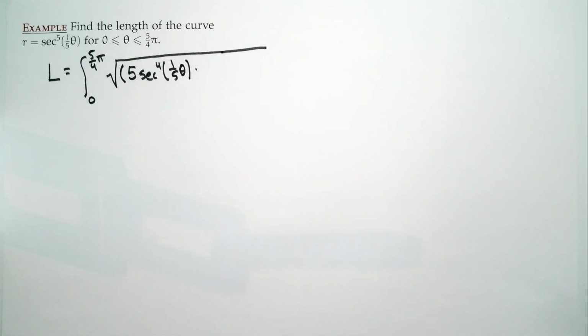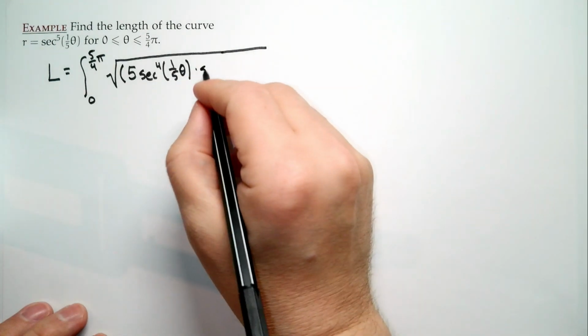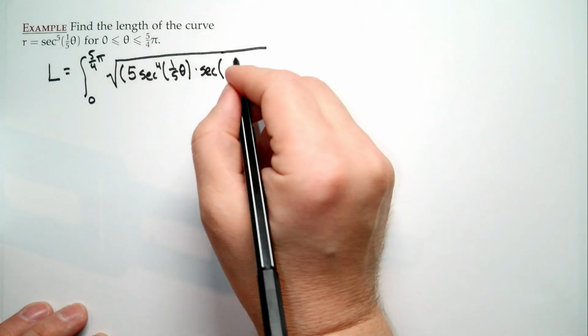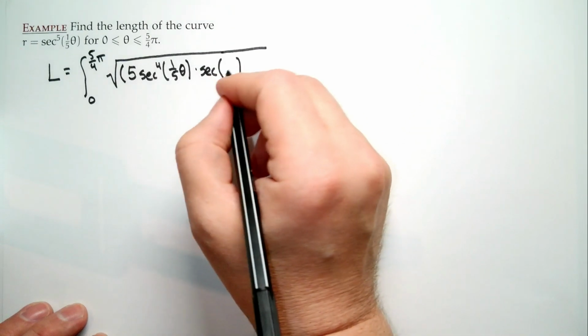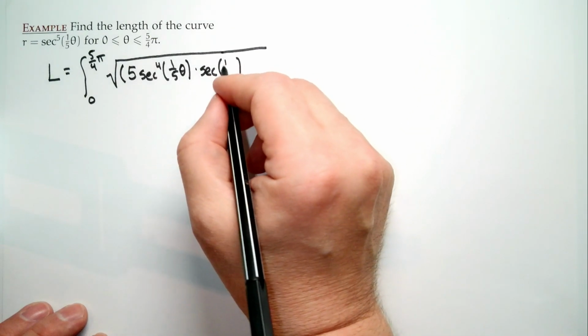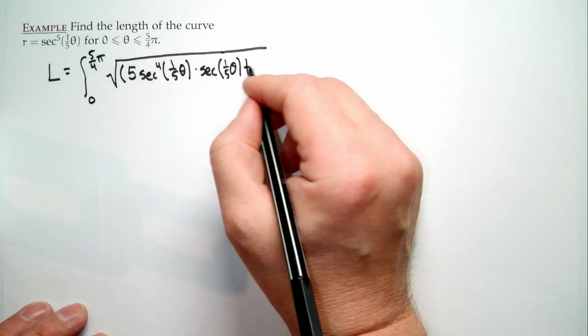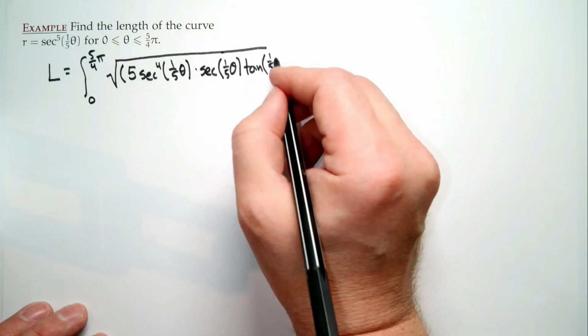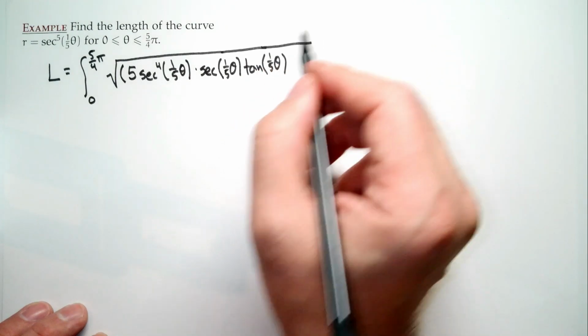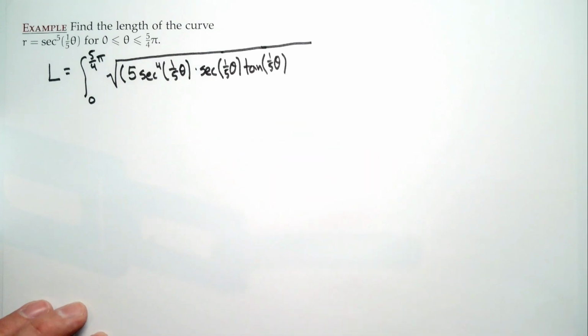If we're thinking chain rule, if we have something to the fifth, what's our inside function? Secant. So if we're taking the derivative of secant, we've got to write down secant tangent. Secant of what? 1/5 theta. Yeah, the inside is still pristine, untouched, like a wildlife preserve.